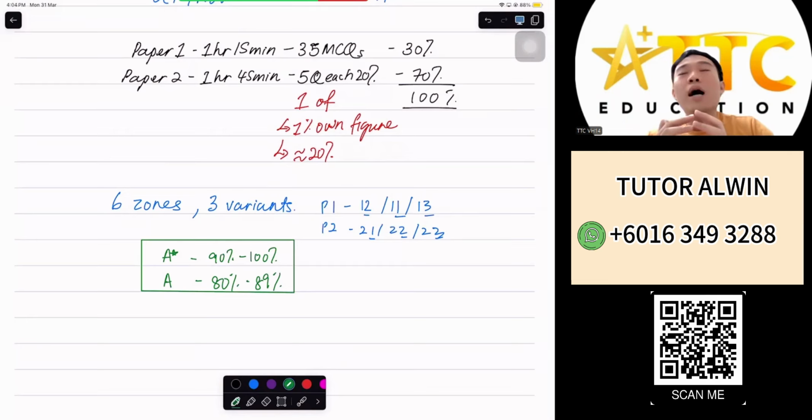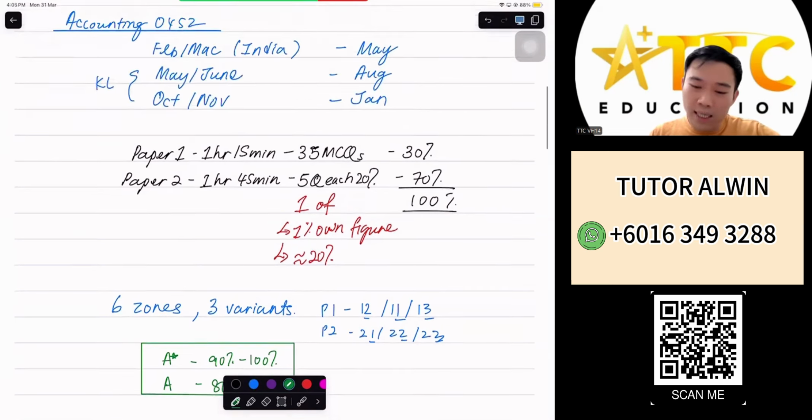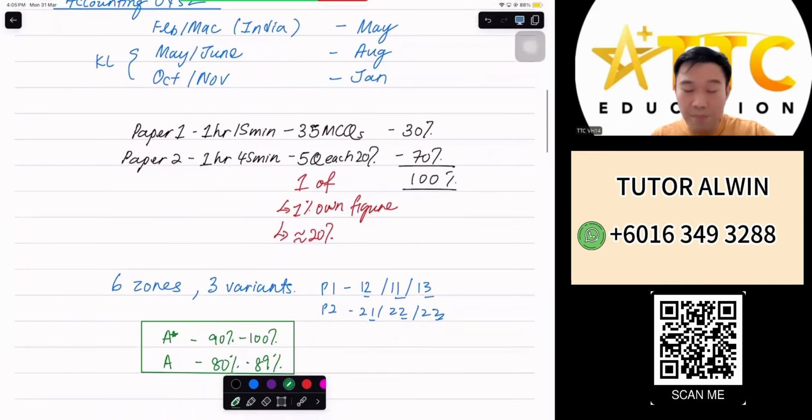On your results sheet, you have your grade and the marks stated. Most of the time, A star students have 90 and above, some 99. And I've seen one of my students long time ago who had 100 marks. How cool is that?